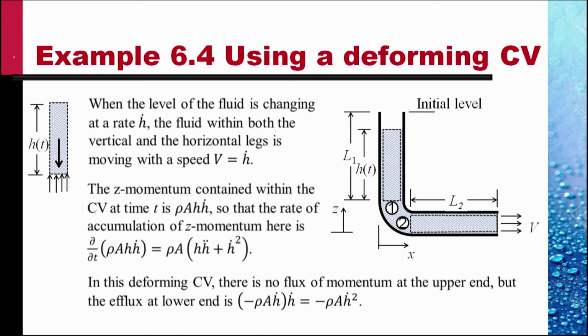In this deforming control volume, there is no flux of momentum at the upper end, but the flux at the lower end is minus rho h dot times h dot. Minus rho A h dot is the volume coming out, negative because it is downwards, times h dot, and so the net efflux of momentum is minus rho A h dot square.